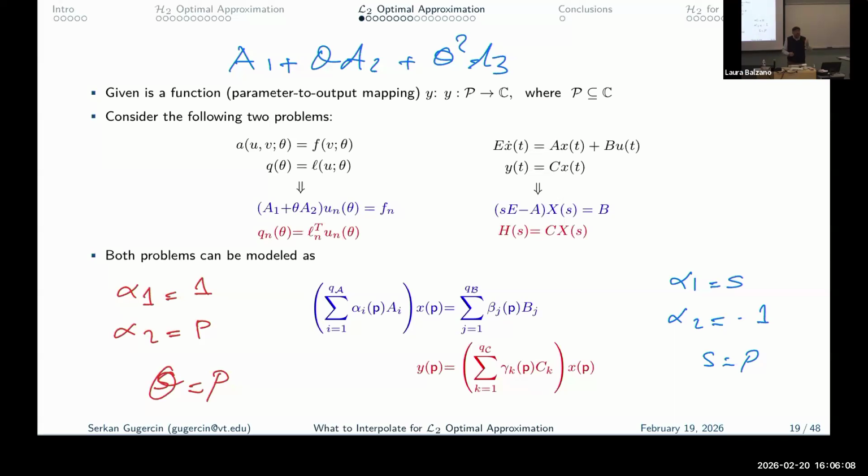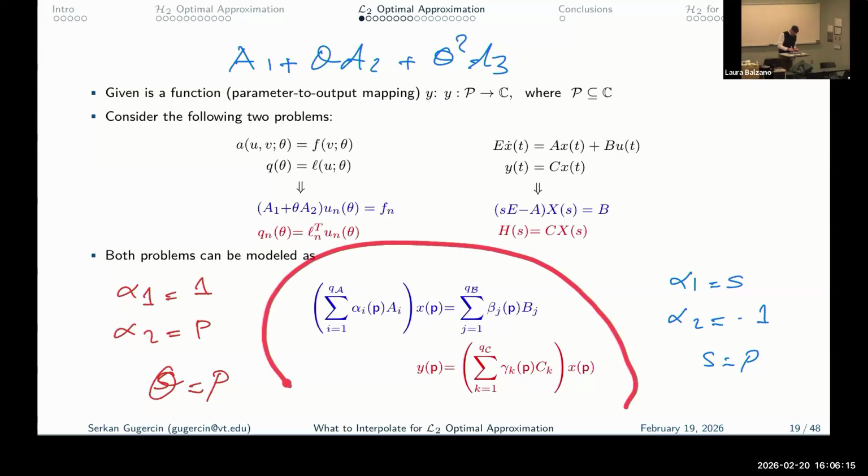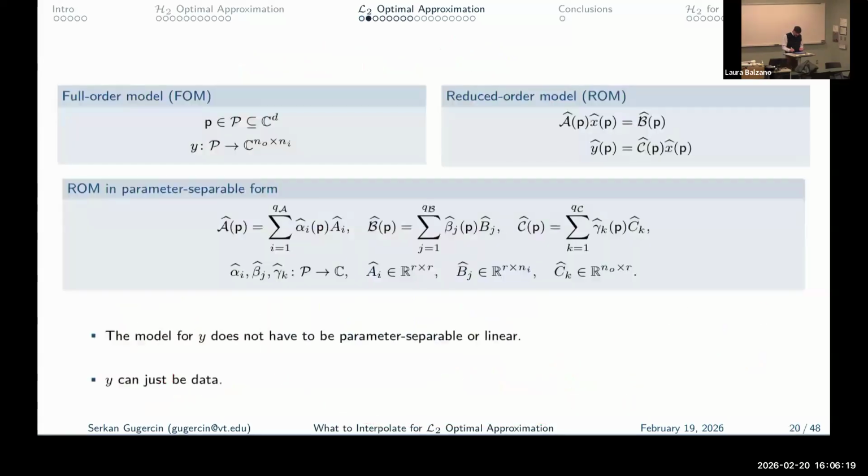I have access to Y, which could be evaluations, which could be samples. But since many models I deal with in practice have this structure, like my dynamical systems, I'm going to enforce my reduced model to look that way. I don't know why it doesn't have to look that way, but I'm going to enforce the structure on my reduced model.